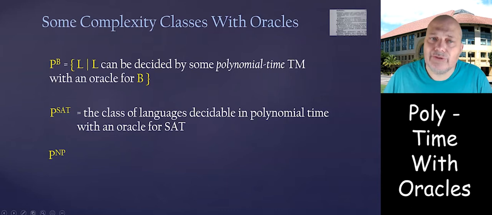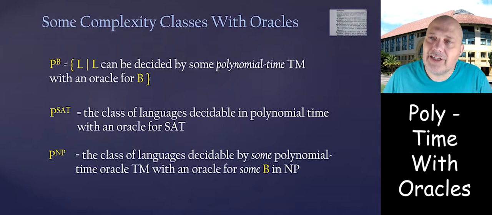P to the NP, here NP is a class, is the class of languages decided with some polynomial time oracle machine that has some oracle in NP. So instead of just being stuck with the SAT, you can use whatever oracle you want. Perhaps you want CLIQUE, so you can have an oracle for CLIQUE instead of the oracle for SAT.